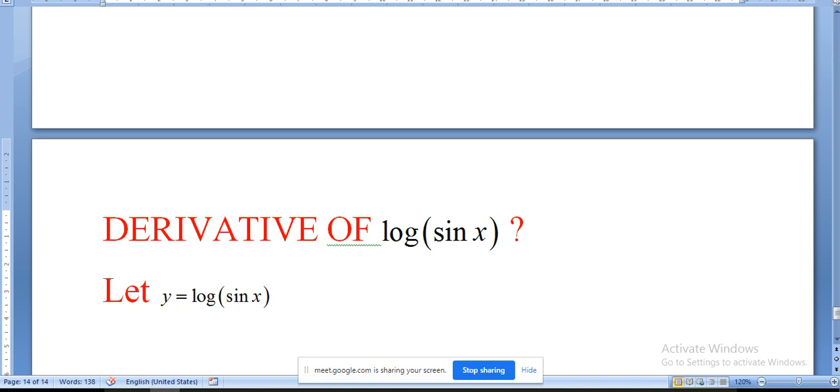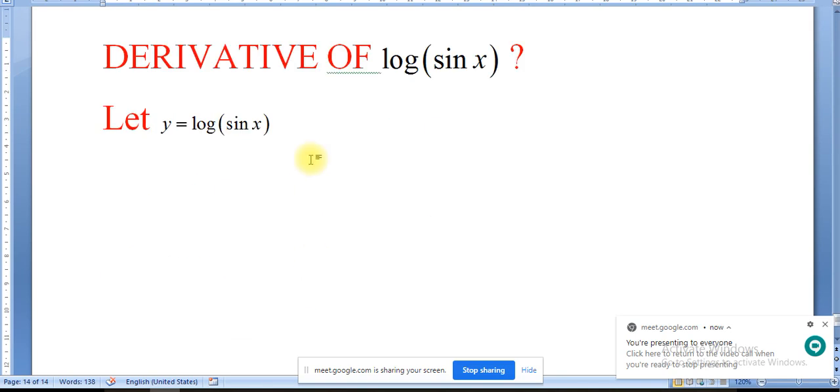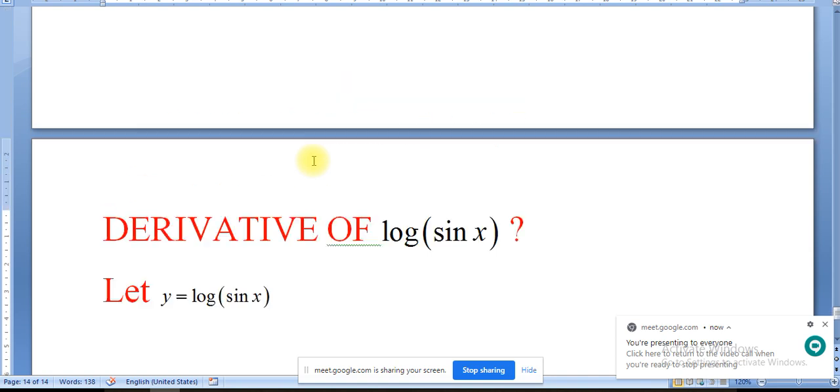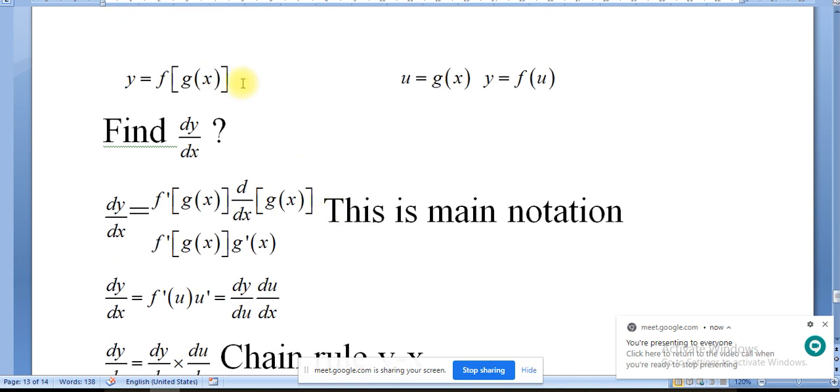Now whom shall we consider as u? You may get some idea from this. The inside part should be replaced by u.